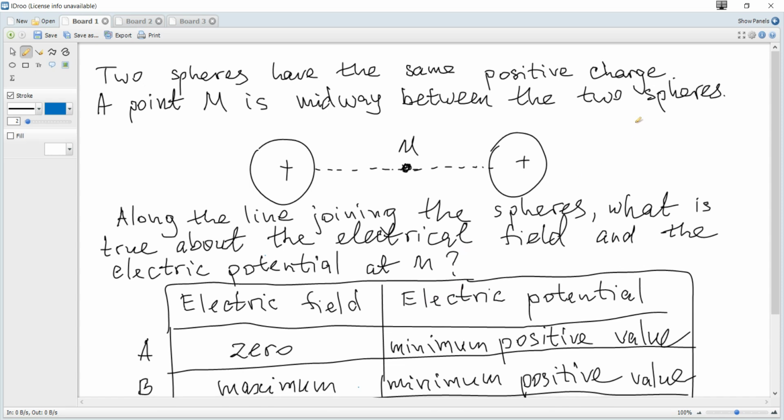We know that electric field multiplied by charge gives us the force acting on a charge at some point.